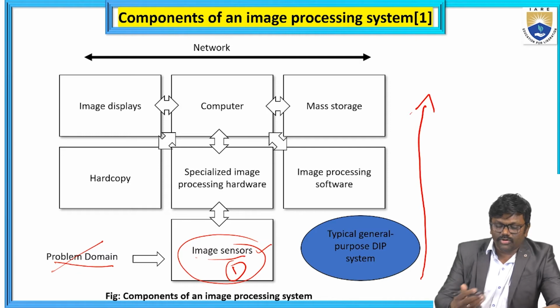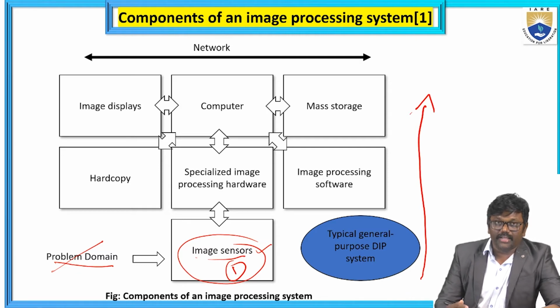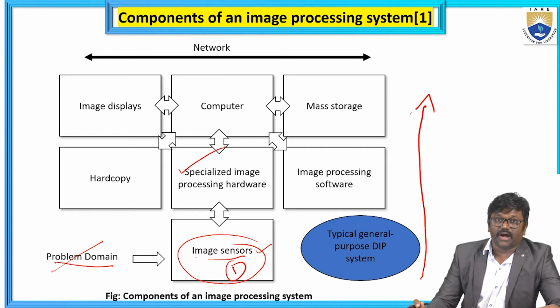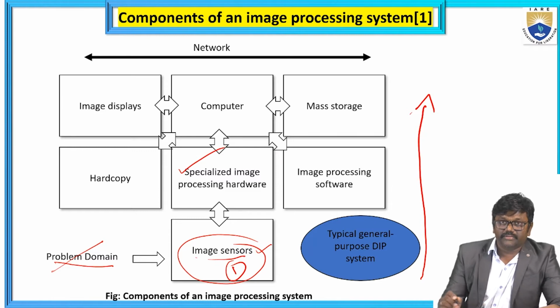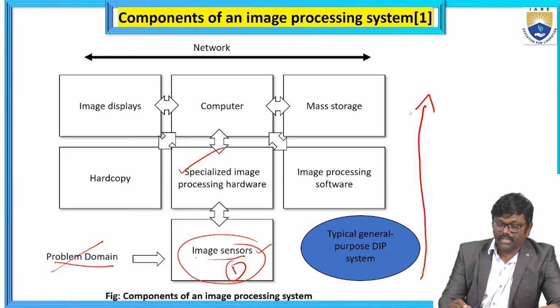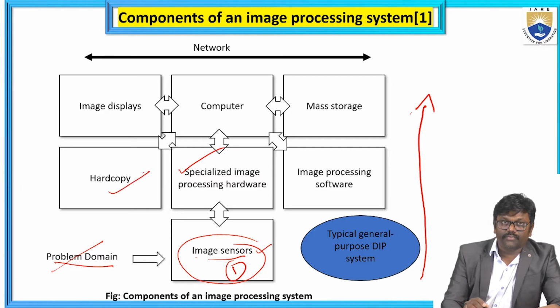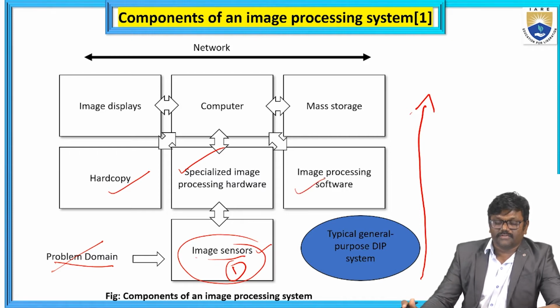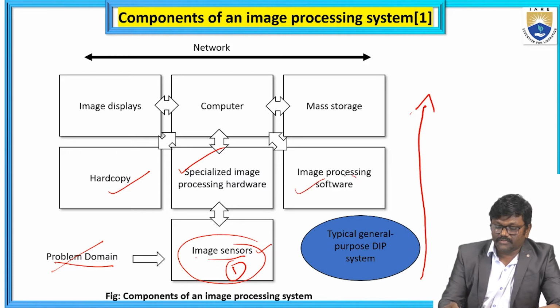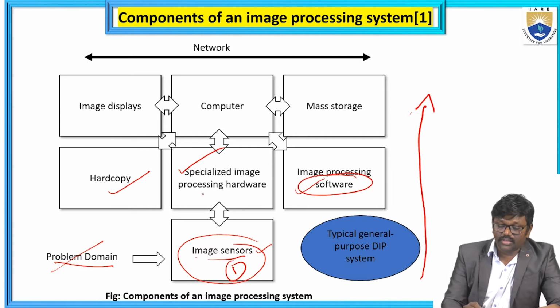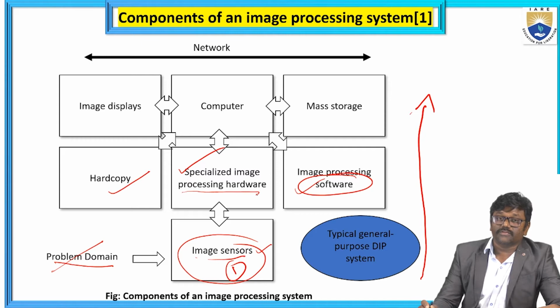Next, the second component is specialized image processing hardware. In this specialized image processing hardware, we are connecting two things indirectly. Number one is the hardware part, and the second is the image processing software. So the image processing software tools also need to be connected to the image processing hardware.